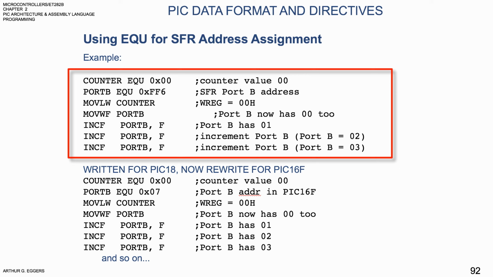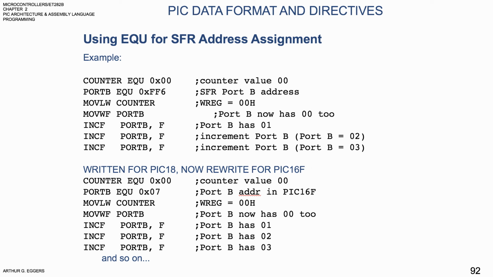INCF PORTB,F, we've incremented again, stored the value at PORTB, now it's 2. INCF PORTB,F, we've incremented one more time, and now the value is 3. So in this case, you can see we use the equate value to set it up, and then we use our instructions just as we've learned them.